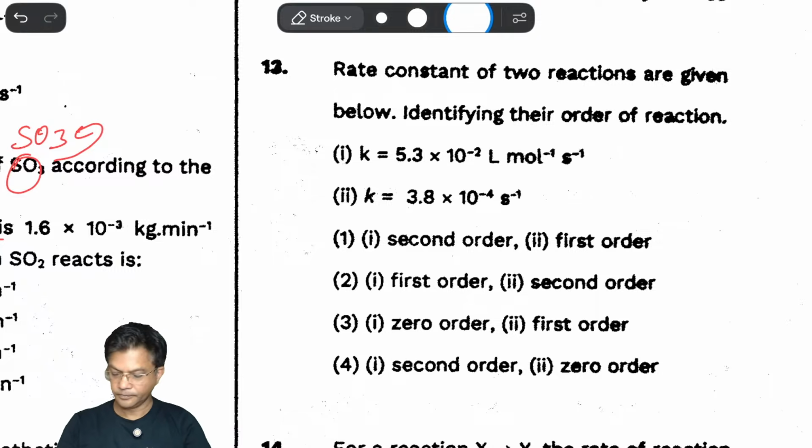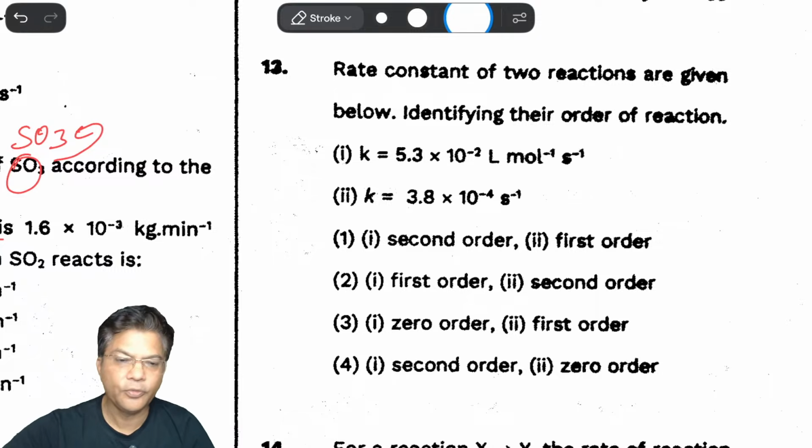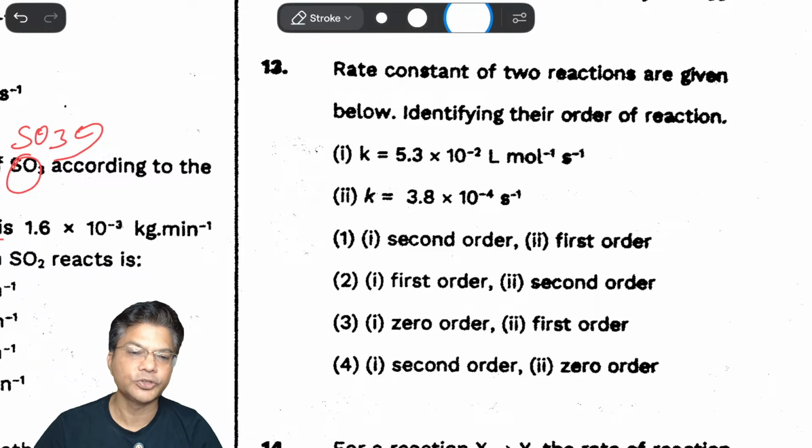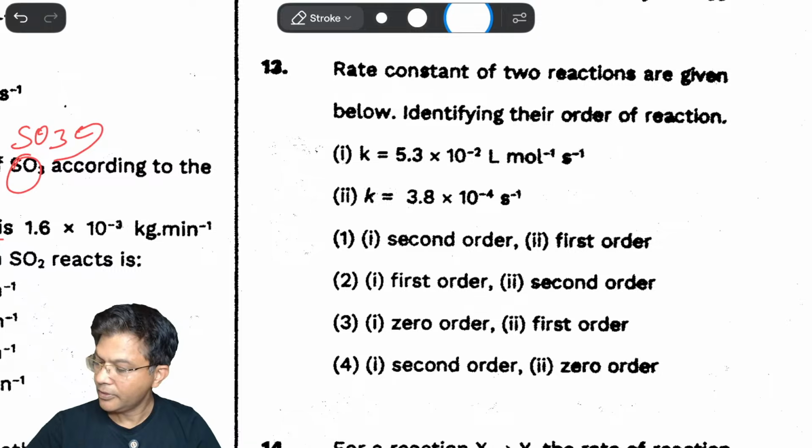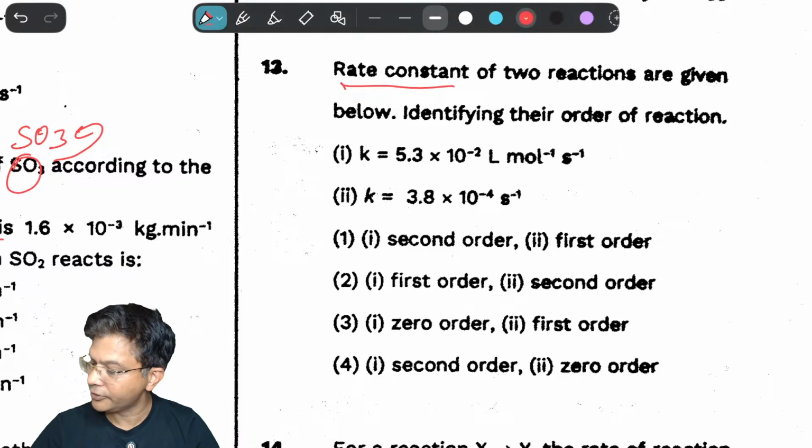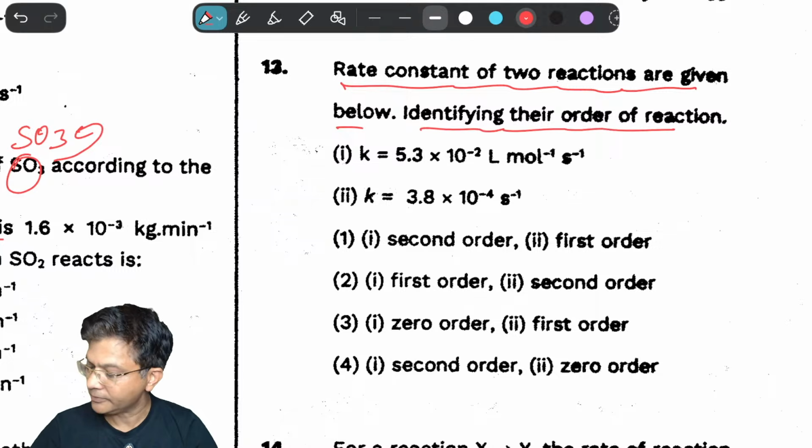I'm moving fast. This is a very simple question. Rate constants of two reactions are given below. Identify their order of reaction. This is like this and this is like this.